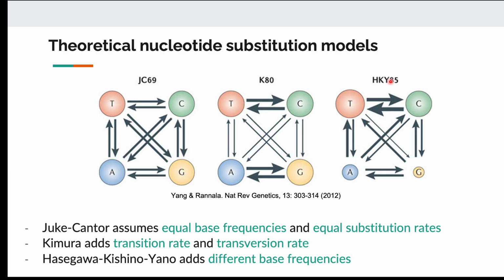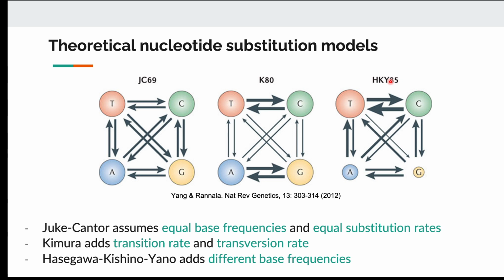These are years, 1969, 1980, 1985. These are the times when people started to have DNA sequence data. This is way before high throughput sequencing. But people started to have PCR techniques. They developed Sanger sequencing. So they started to have DNA sequence data.